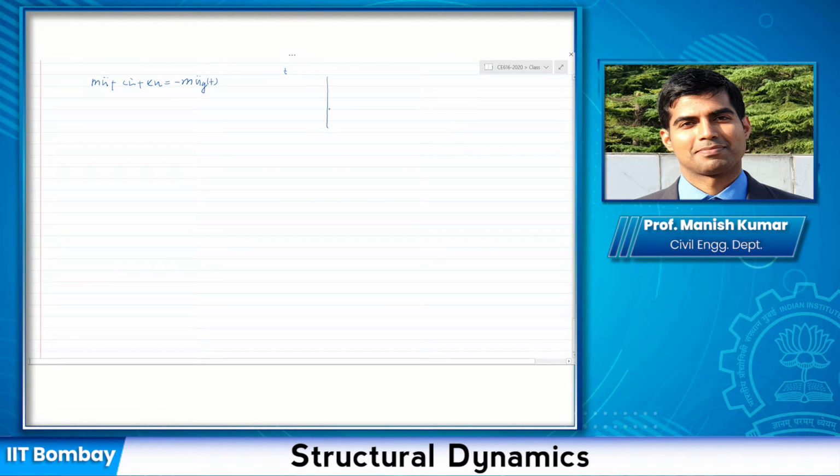In general, an acceleration history would look something like this, an arbitrary variation of ug(t). And you would have to employ any one of the numerical methods that we have discussed in the last chapter to find the solution to this equation.